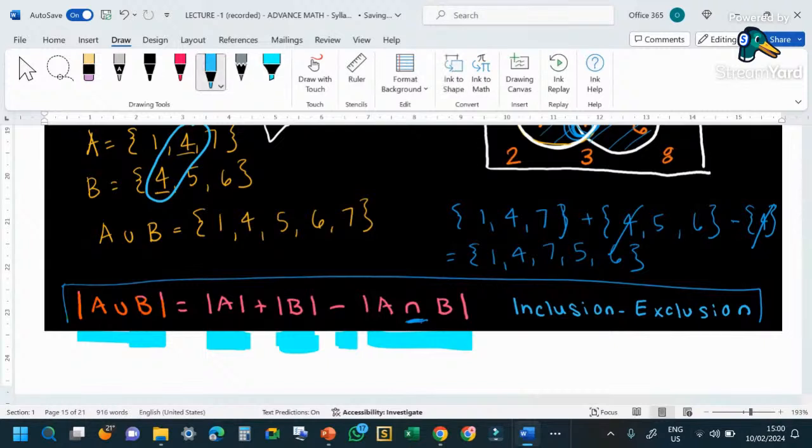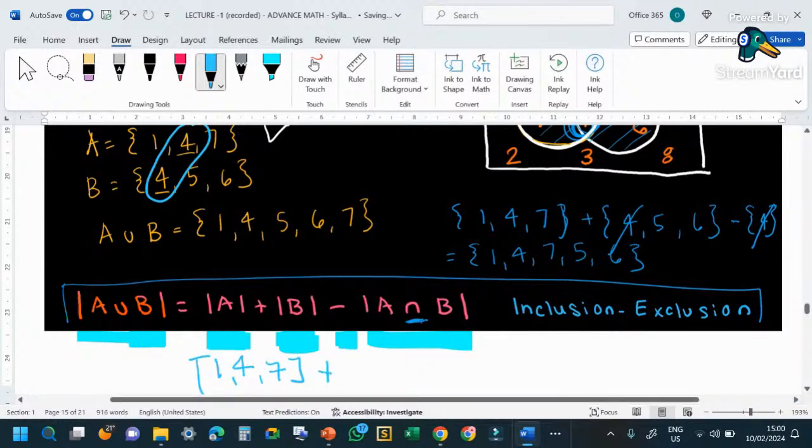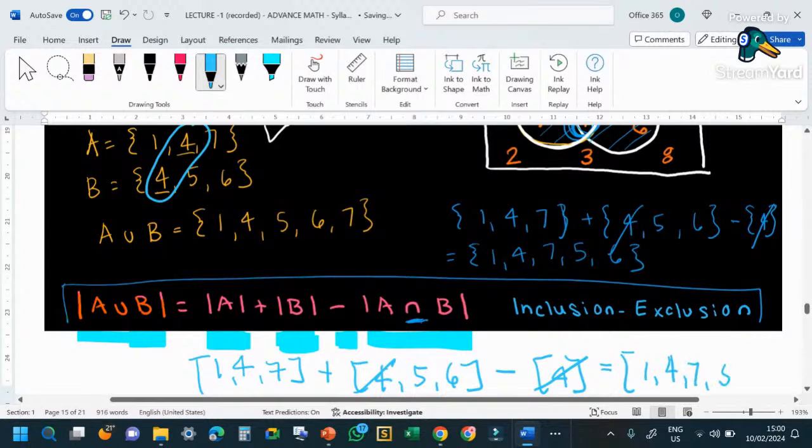So by numbers, 1, 4, 7 plus B, which is 4, 5, 6, minus the intersection, which is the common number, minus 4. Then 4 here and 4 here cancel out, and the remaining will be 1, 4, 7, 5, and 6.